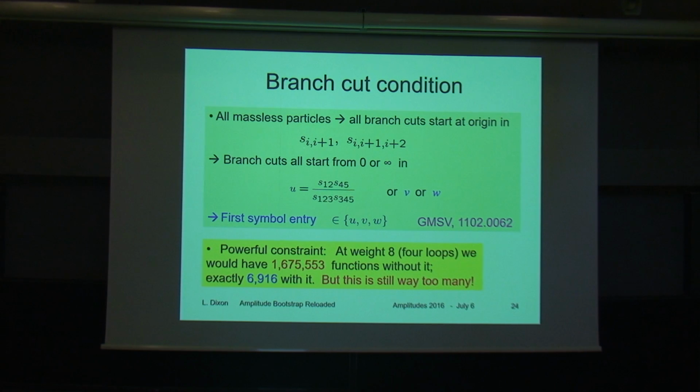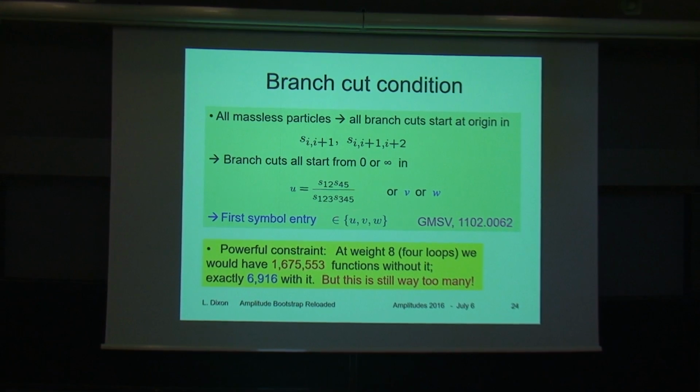And that's because the branch cuts in massless scattering amplitudes are in either 2-particle invariants or 3-particle invariants. And they always start at the origin in these variables. And since the cross ratios are simple ratios of these, those can have branch cuts starting from 0 or infinity.